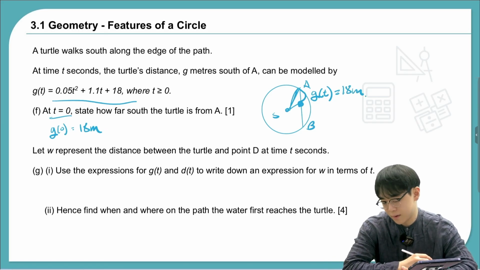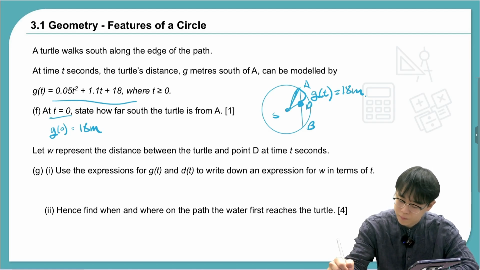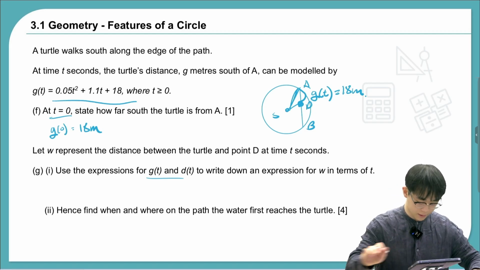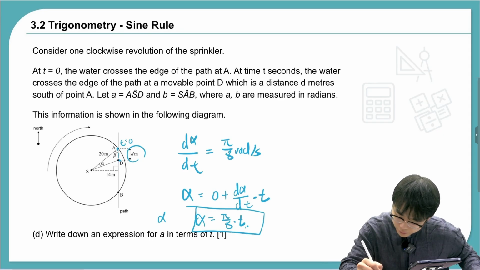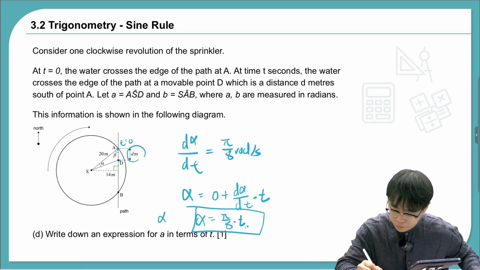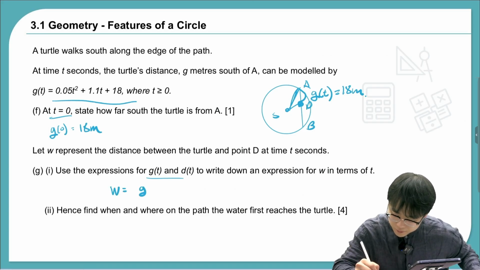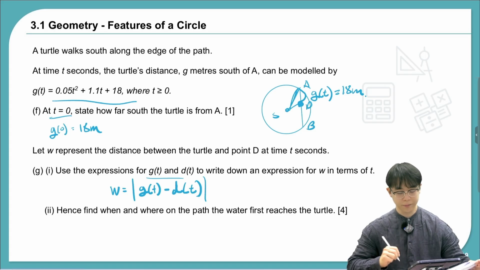And if you represent the distance between the turtle and point D with W, then we could find W in terms of g and d, right? Okay, so if you were to look at this diagram, the turtle is basically moving somewhere along A and B. So if you want to find the distance W, we would just do W is the position of the turtle minus the distance of point D. Right? And I guess we could put in an absolute sign here.